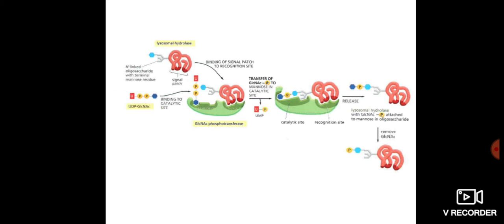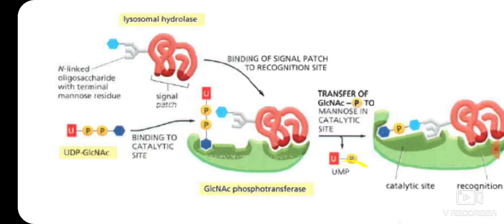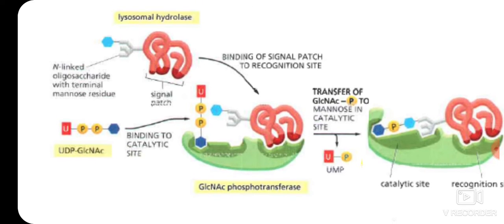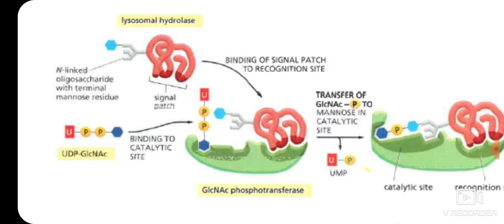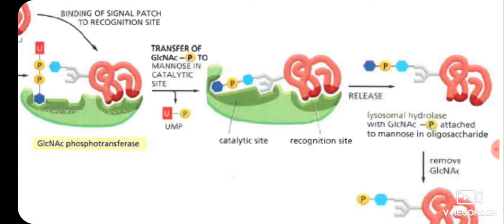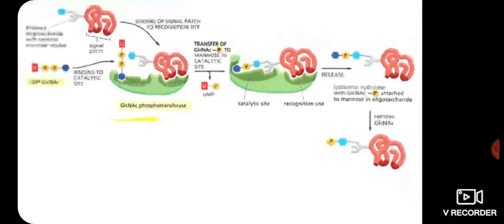So you can see here how the whole process happens with the N-acetyl glucosamine phosphotransferase enzyme. The lysosomal hydrolases found within the Golgi cisternae are transferred with this UDP N-acetyl glucosamine, then UMP comes out, and at last N-acetyl glucosamine is removed, leaving the phosphate at the mannose at its sixth position.